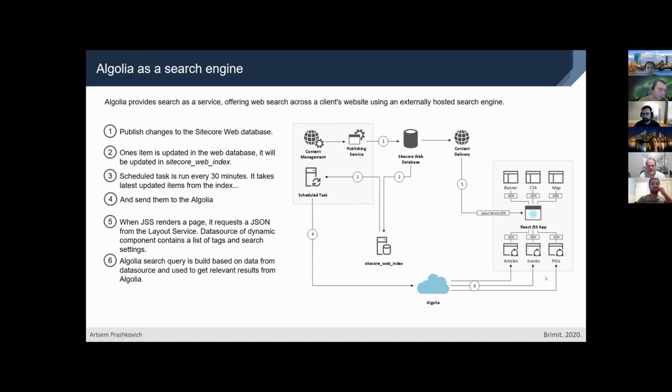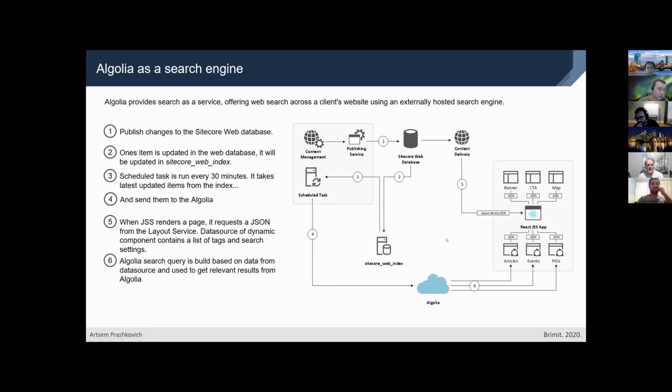configuration data which we use to build a query to Algolia. For example, we have the number of results that we expect from Algolia. Maybe we have the template ID that we use to identify which kind of data we expect from Algolia.